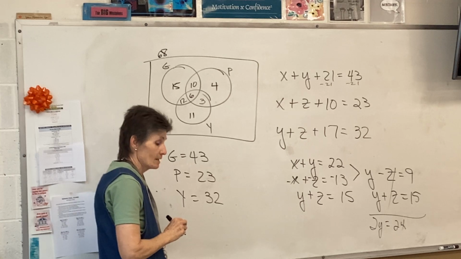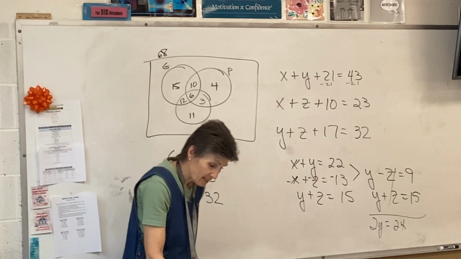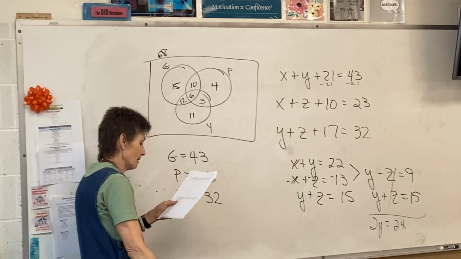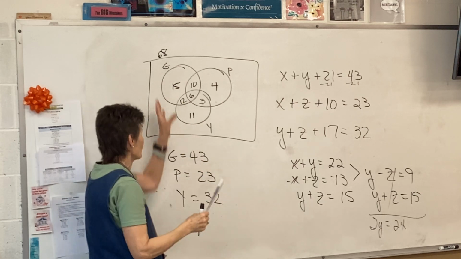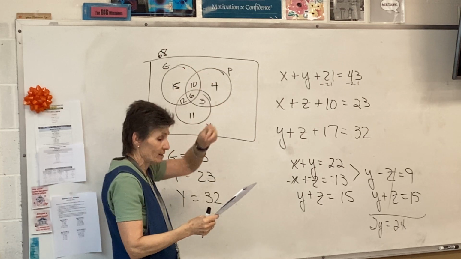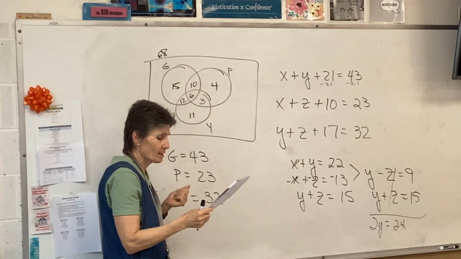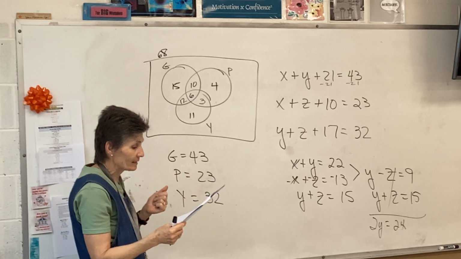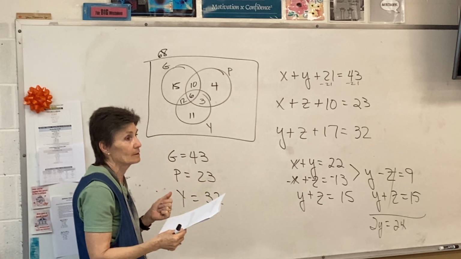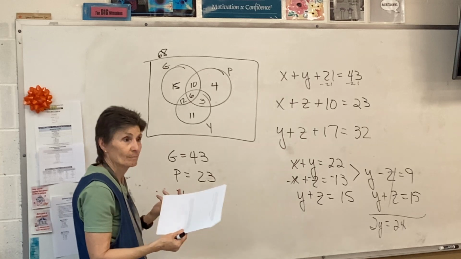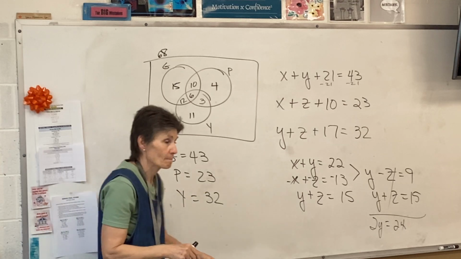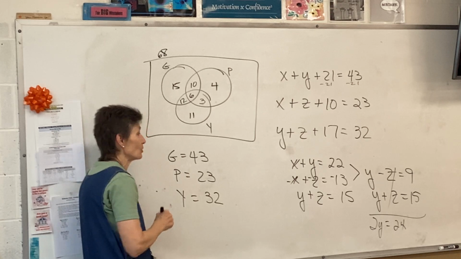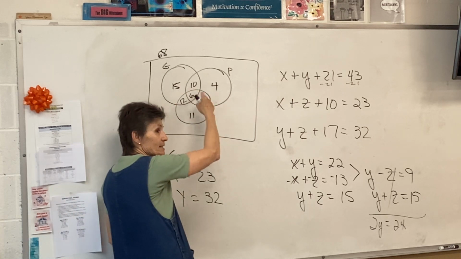Okay? Now, questions. If one student is chosen at random, so remember there's 68 of them, so I'm going to reach in the box and pull one out. If one student is chosen at random, what is the probability that he will like at least one color? Now, how many kids like it? Don't all these kids like at least one?